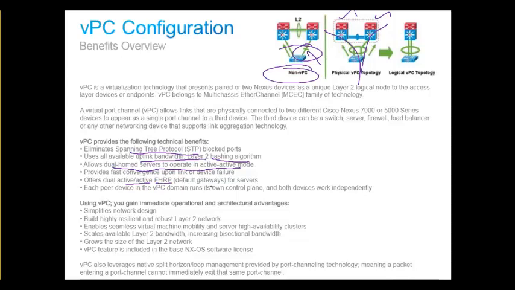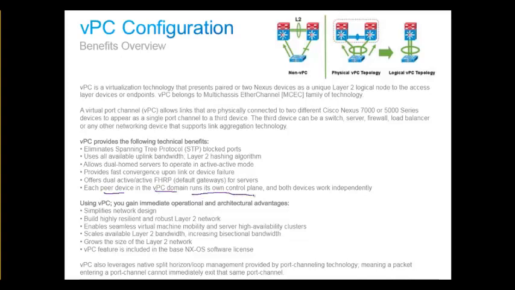Each peer device in the vPC domain runs its own control plane. Listen, this is important. Both devices work independently. Both devices are synchronizing with each other, there is no doubt, but they have their own control plane and data plane.